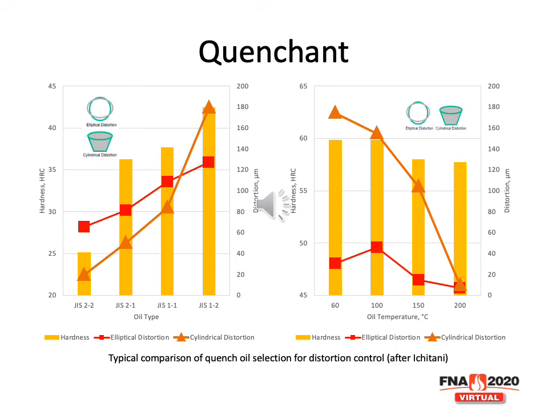What was interesting is that at approximately 100 degrees C, I did see an increase in the elliptical distortion, and I'm not quite sure why. But in general, the oil type and the oil temperature have a drastic influence on the amount of residual stress and distortion that you will see in your part.